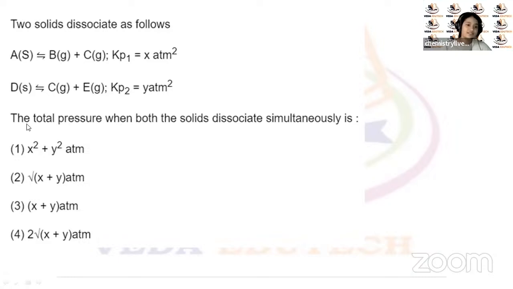It is given that two solids dissociate as follows. Now it is asking for the total pressure when both the solids dissociate simultaneously.